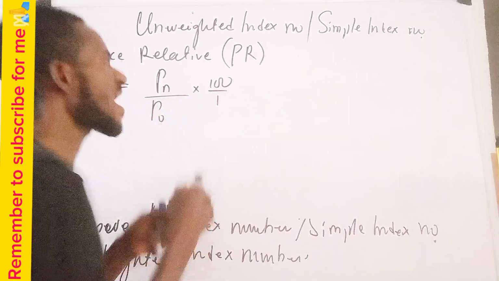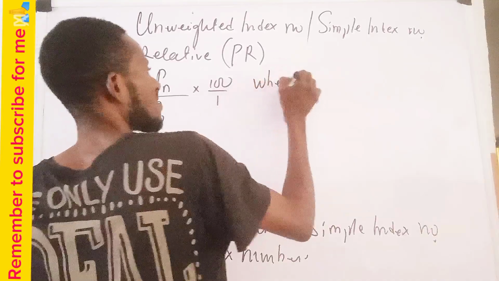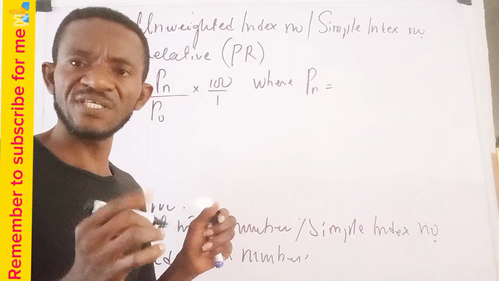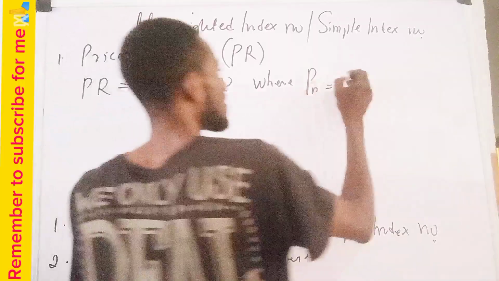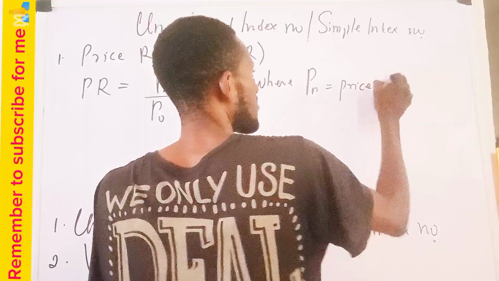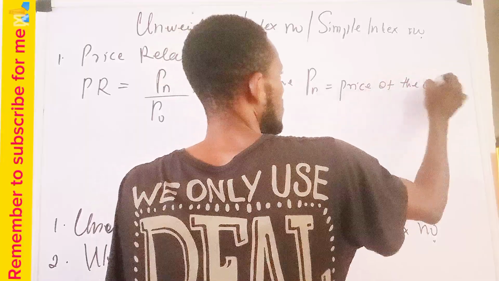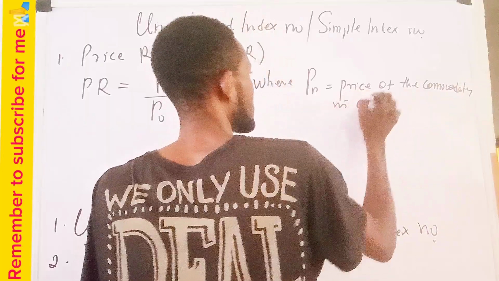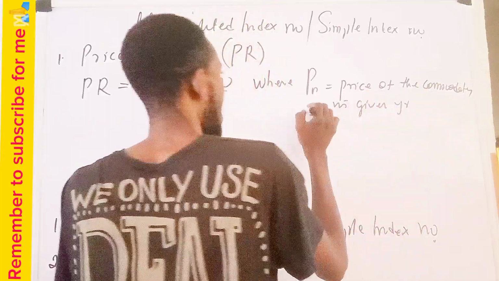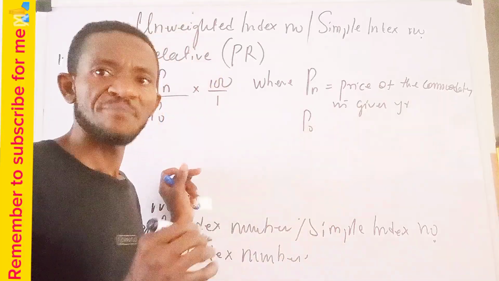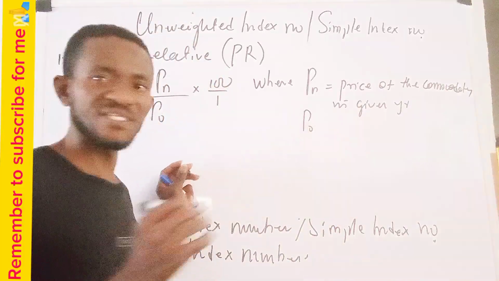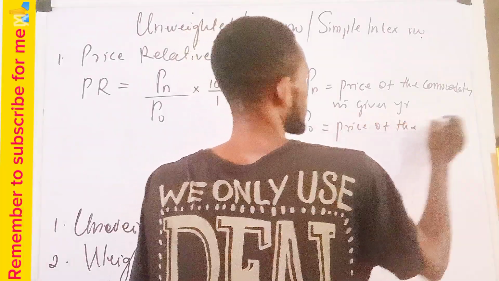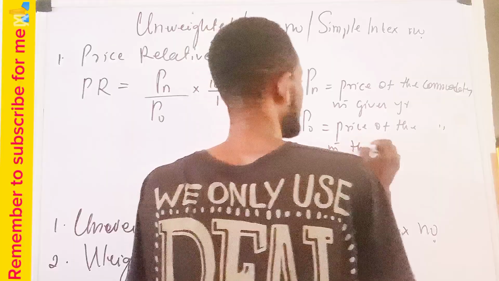Where P subscript n is the price of the commodity in the given year, and P subscript 0 is the price of the commodity in the base year.